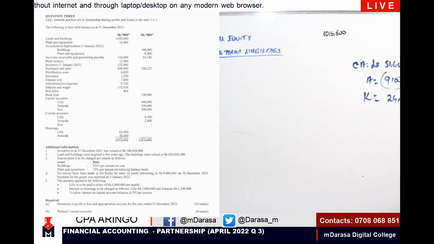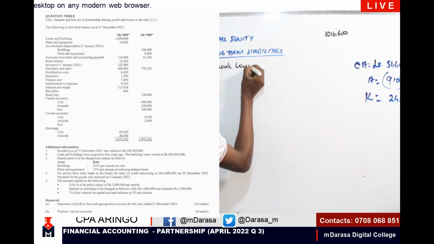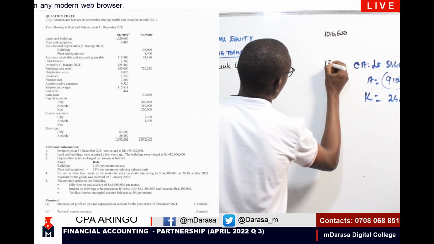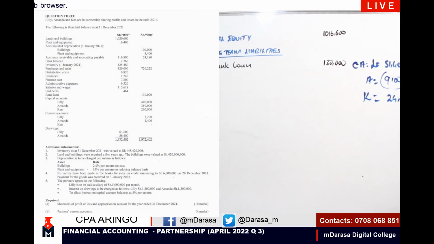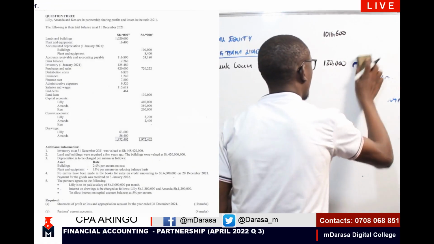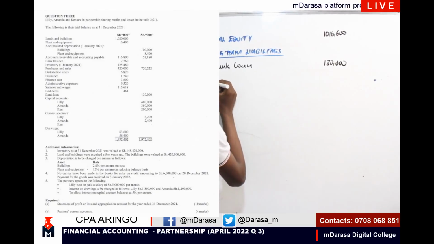I'm given a figure of 130,000 for the bank loan. Long-term liabilities, you're done.